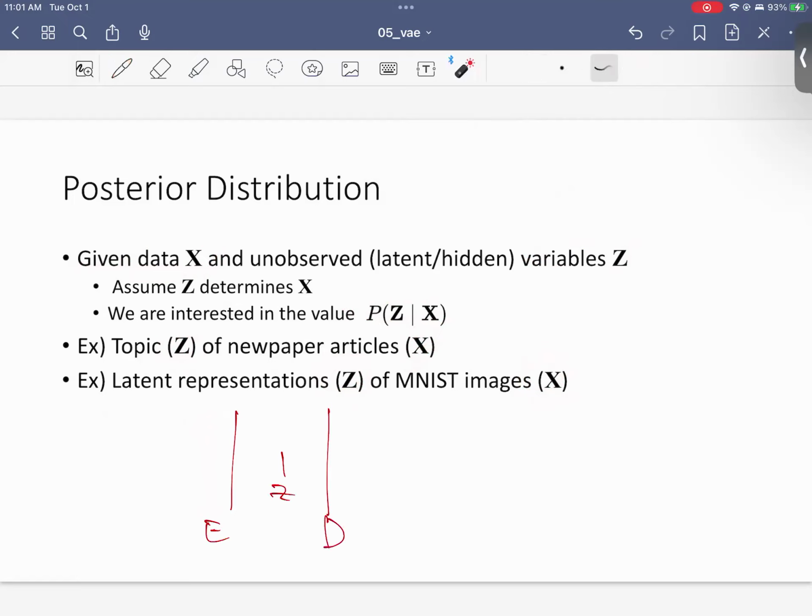In this case, this is our latent variable, and this here is our observable variable, which is the image itself. So given an image, how can we infer its latent, compressed variable Z? That would be the question for the autoencoder, right?